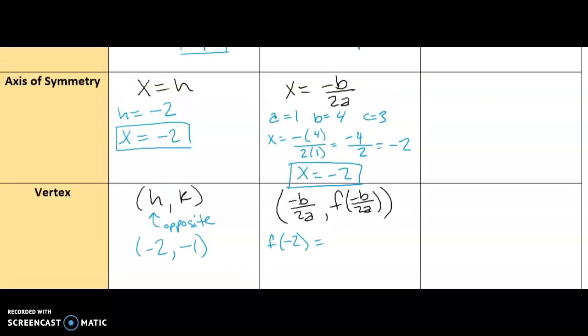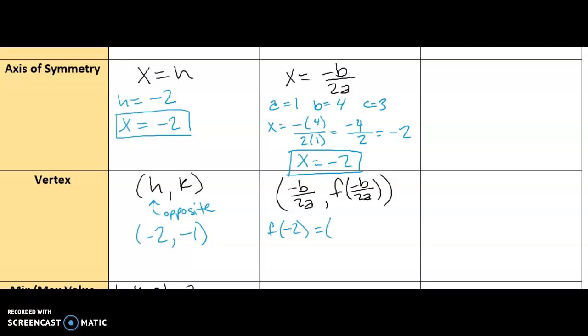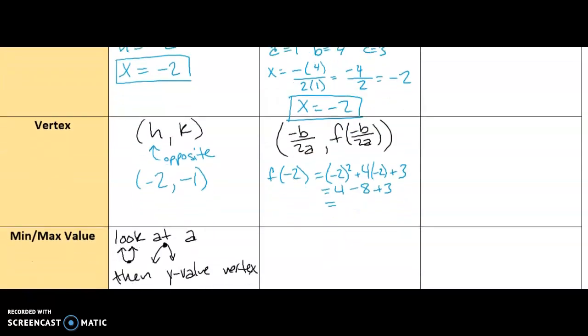And we'd say equals negative 2 squared plus 4 times negative 2 plus 3. So I just took negative 2 and plugged it in for all my x's. That would give me 4 minus 8 plus 3, which would equal negative 1. So my vertex would then be (negative 2, negative 1).